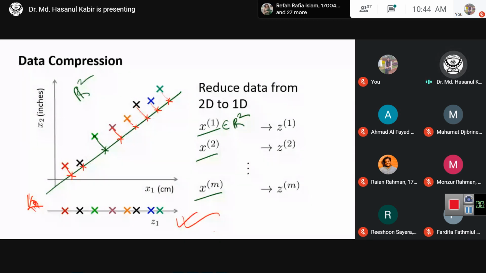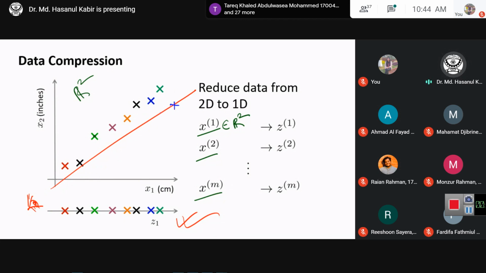If we had taken only the single value, it would have looked something like this. But since we are doing the projection, your projection will look something like that. Correct? Yes, sir. We'll talk about this very soon, don't worry.